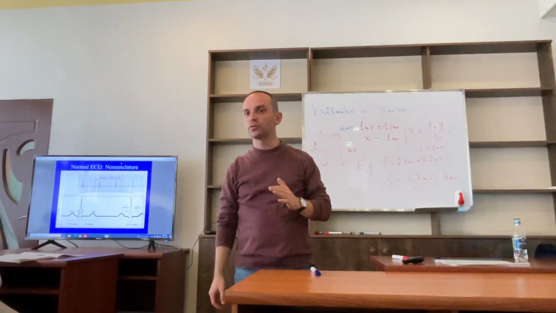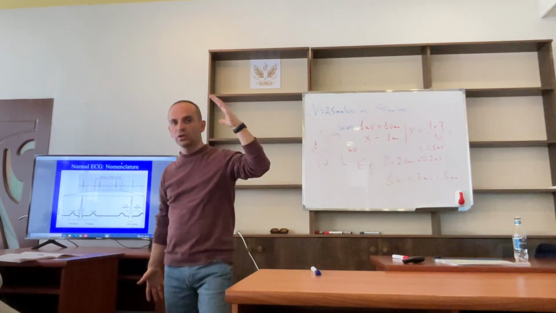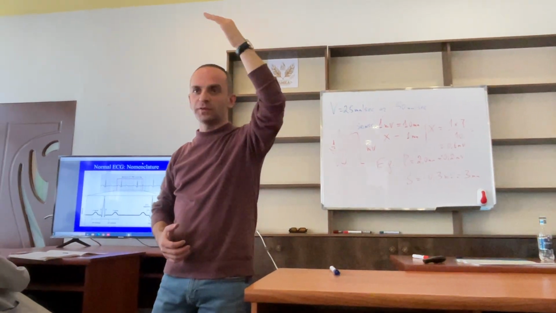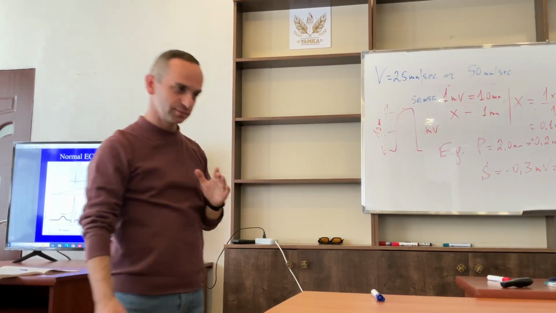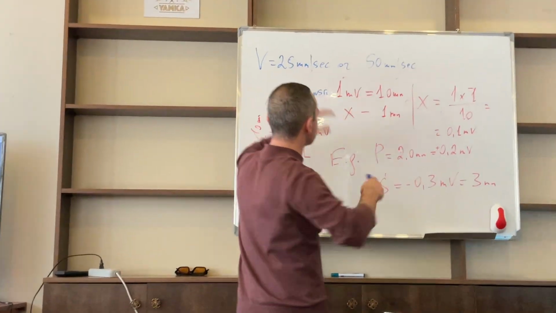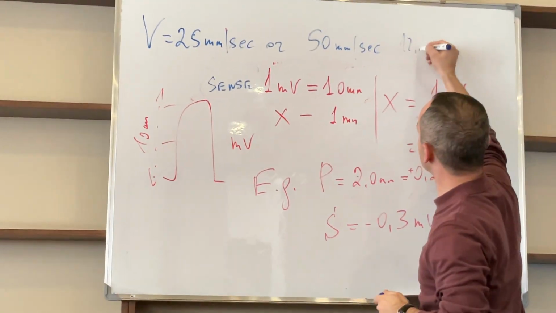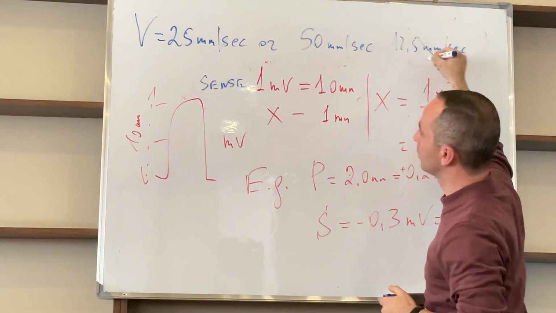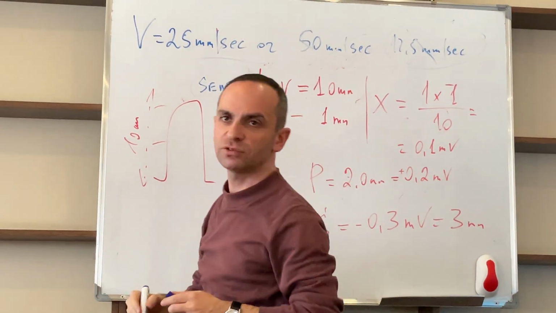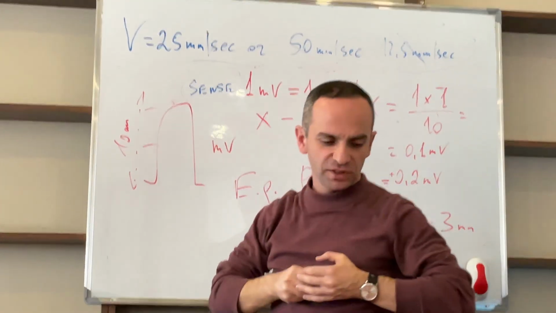And vice versa, if your QRS complexes are very large and go out of the borders of the paper, you may decrease to 5 millimeters per millivolt. Sometimes the speed is 12.5 millimeters in a second, but this is usually for monitors and is not used nowadays. So mainly we concentrate on 25 millimeters in a second.